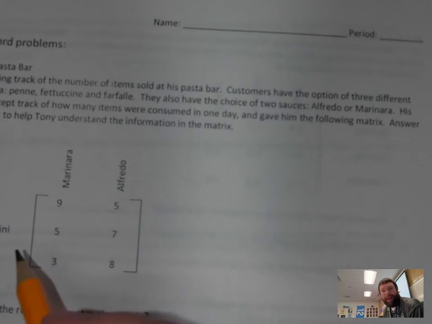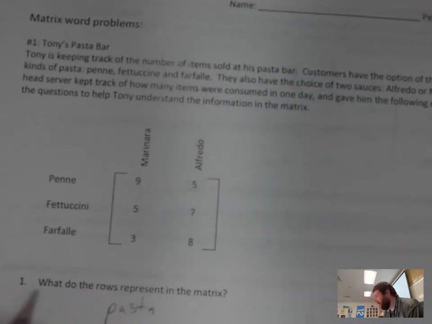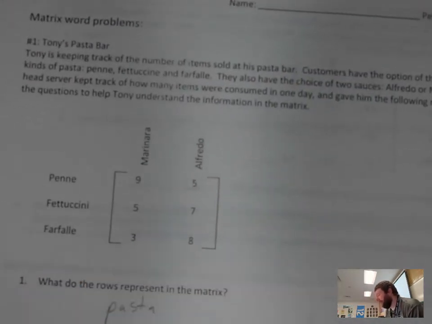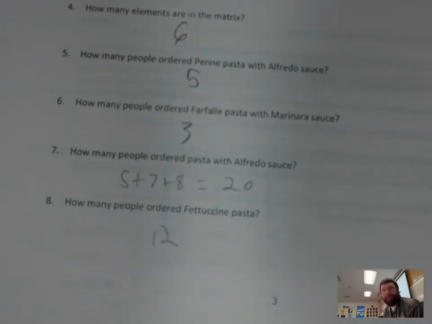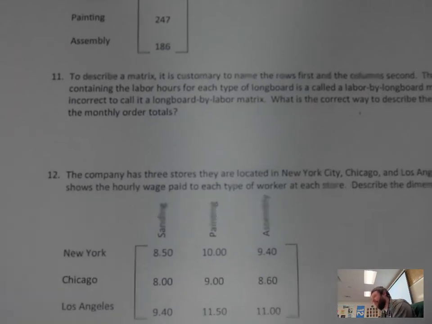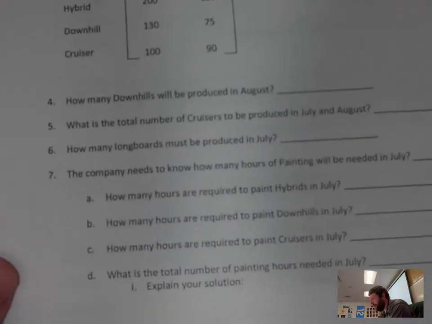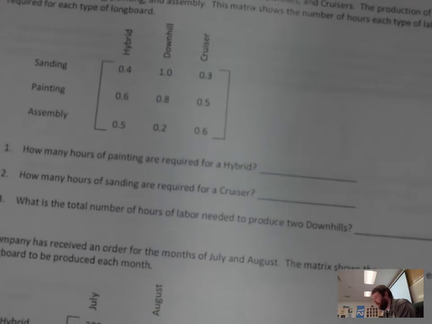That one wants me to add up the row. Fettuccine is the second row, so 5 plus 7 is 12. So 12 people. Yeah, that is 12. Okay.